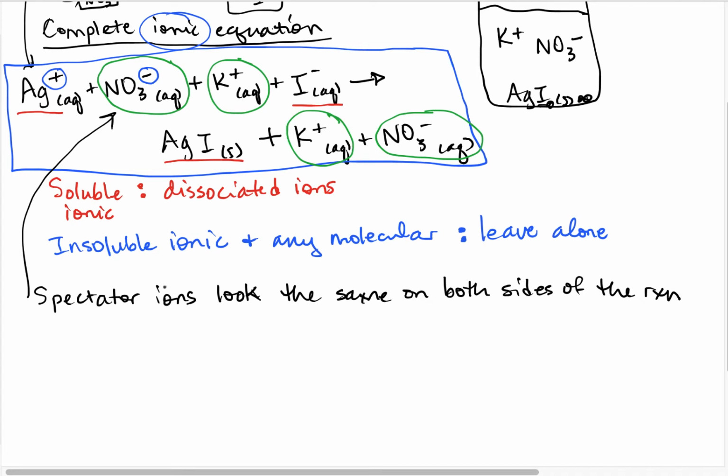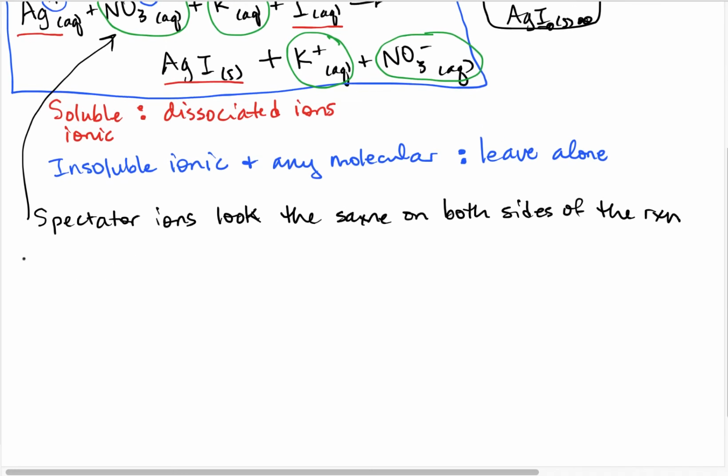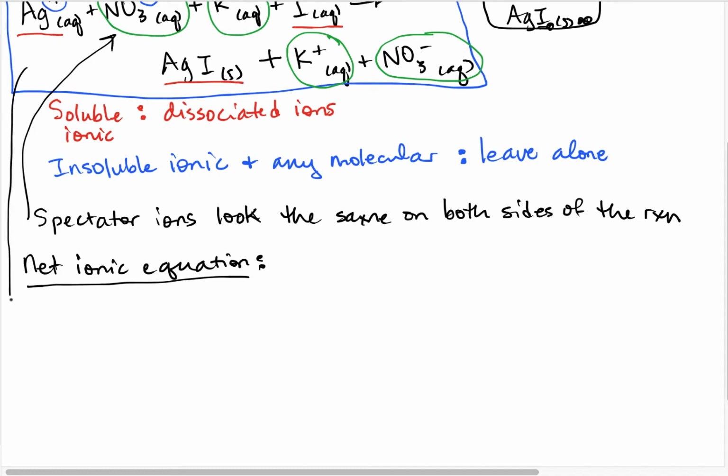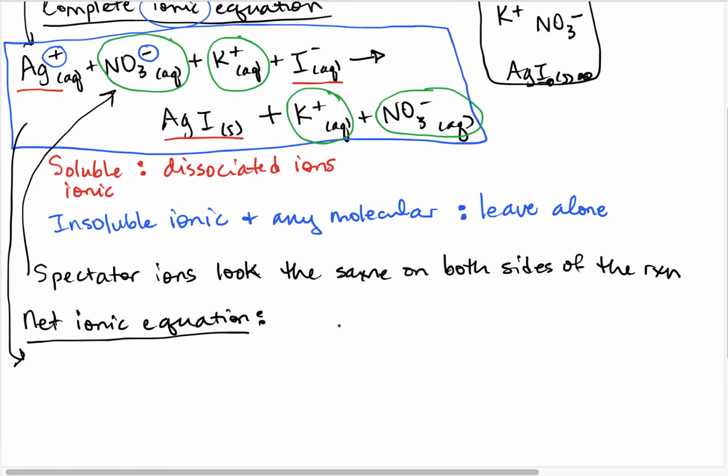So sometimes the spectator ions are kind of in the way, and we like to write a condensed version of the ionic equation that's called the net ionic equation. So we take our complete ionic equation and we just remove the spectators.